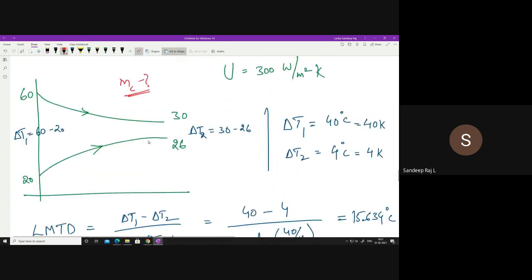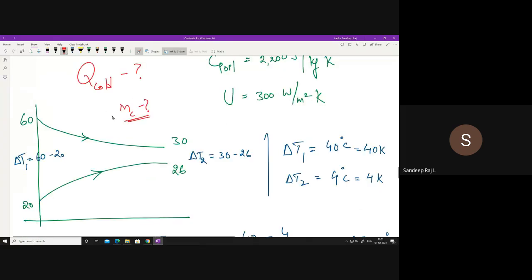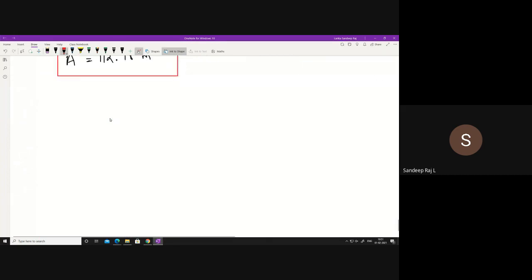So he may ask what is the Q on the cold side, heat transfer on cold side. For that also you need m_c actually. So Q cold is equal to m c_p into the delta T on the cold side.